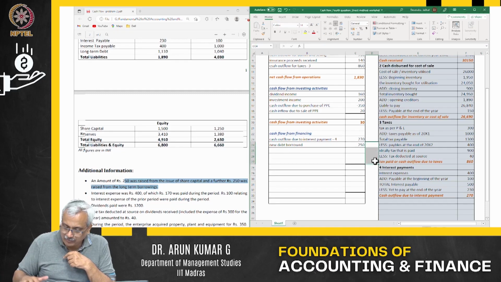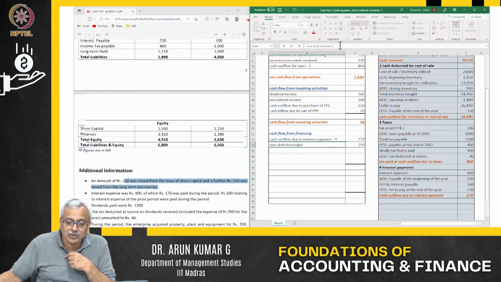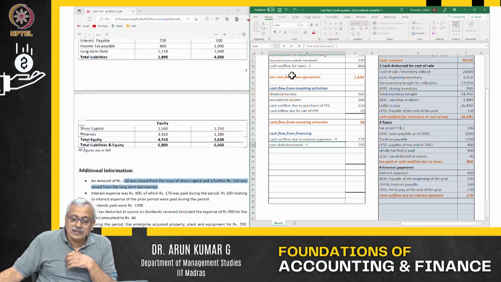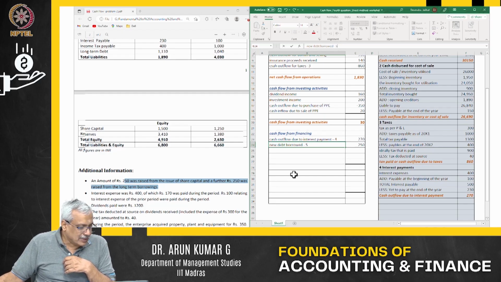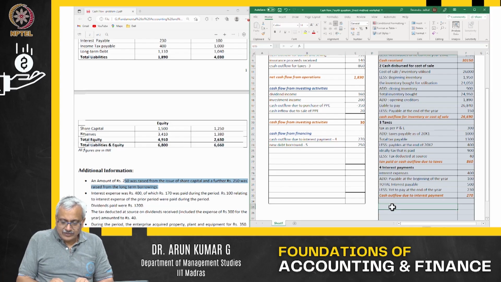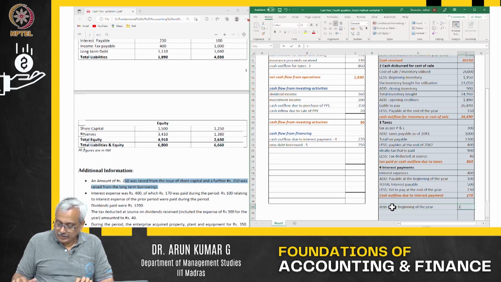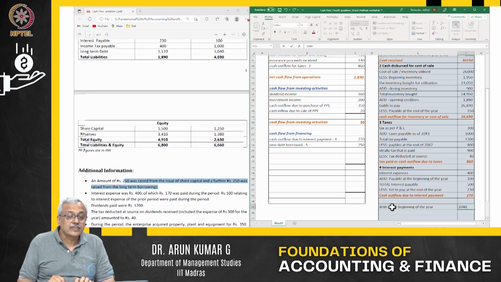Let me do this with the help of a working out here, number 5. Let us get to the debt part of it. Debt at the beginning of the year is 1040. Add new borrowing.